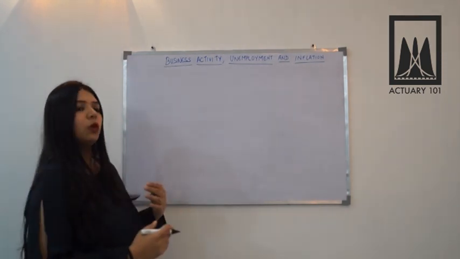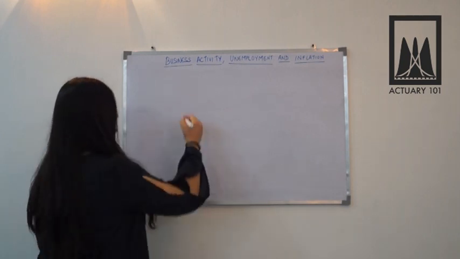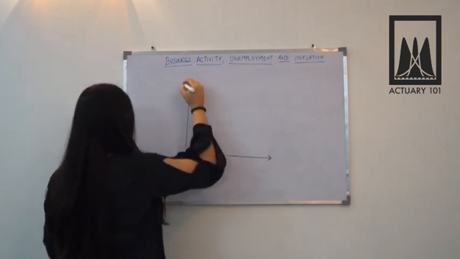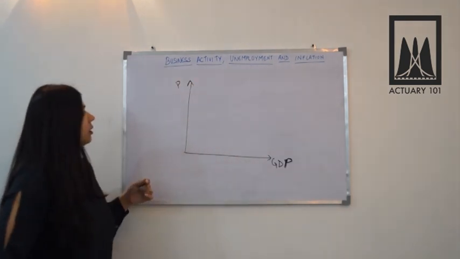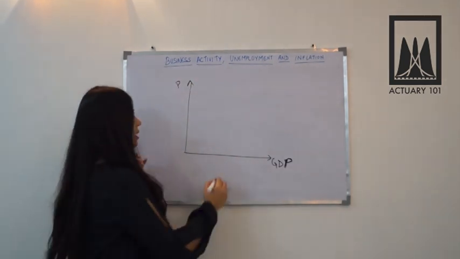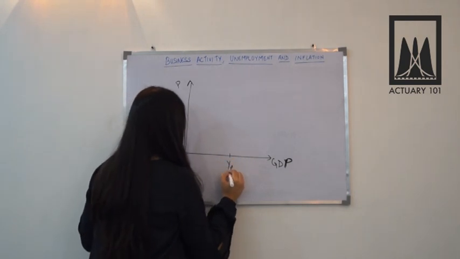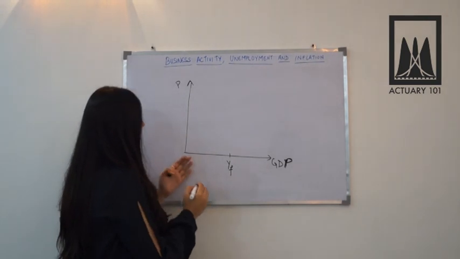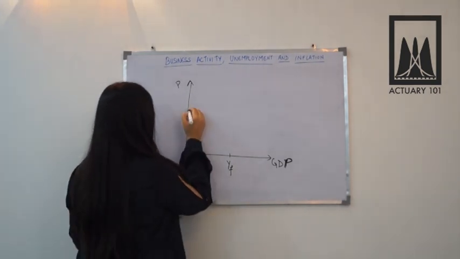So to draw the aggregate supply curve with respect to prices and GDP, we can draw it this way. Now suppose the full employment level of GDP is at this level. So till this level, the prices will not increase.